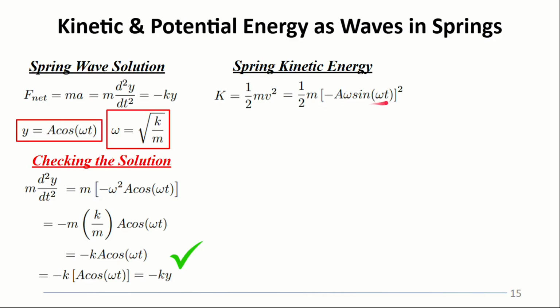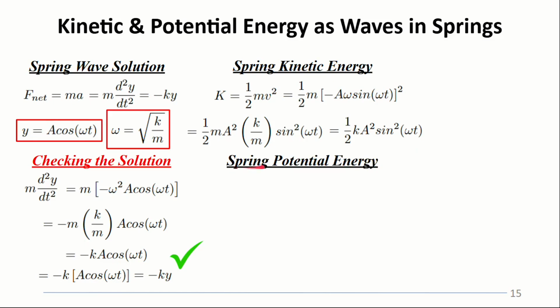And that is going to be your v inside here, and then you're going to square that, and then multiply by 1/2 m. You'll get 1/2 m a squared times omega squared, which again we established is k over m. And then we multiply by sine squared omega t. And if you were to condense this down by means of, say, canceling the m's, you'll end up finding that your kinetic energy is equal to 1/2 k a squared times the sine squared of omega t.